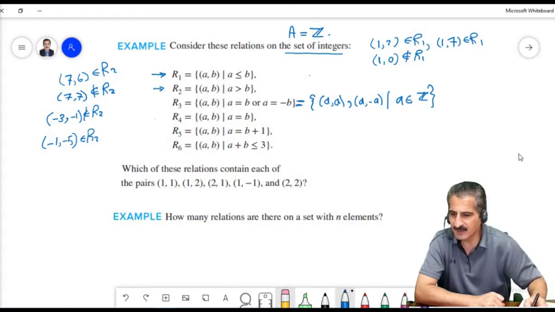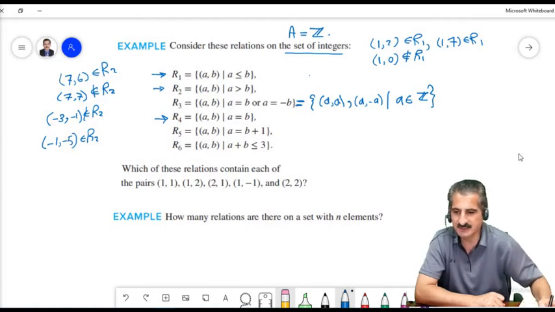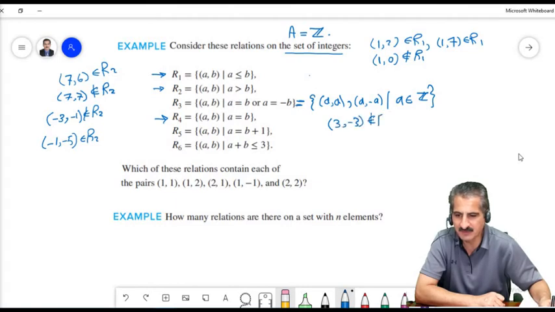Now R4 is very direct. a and b are related to each other if they are equal. So simply we will say (3,-3) does not belong to R4, while (3,-3) belongs to R3.